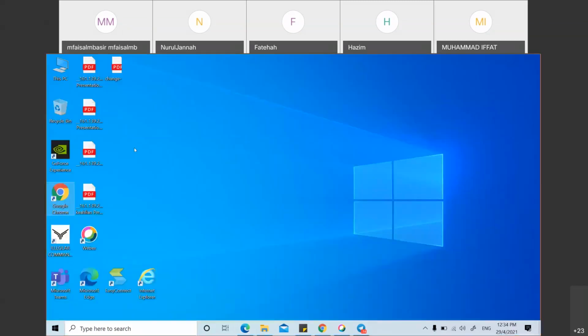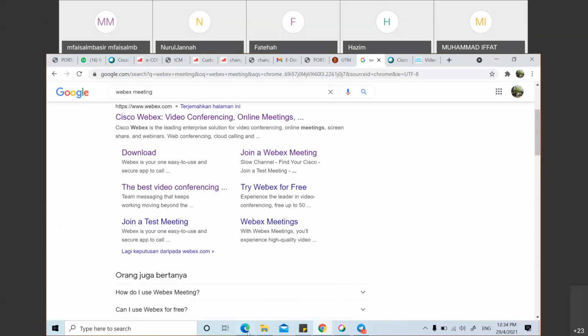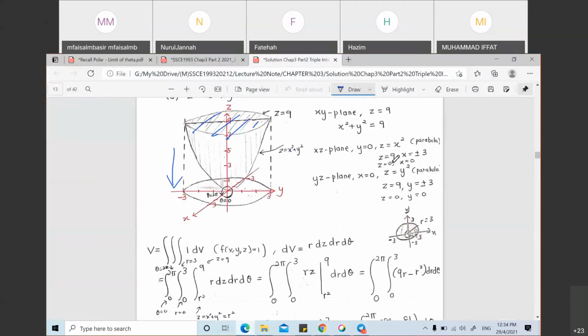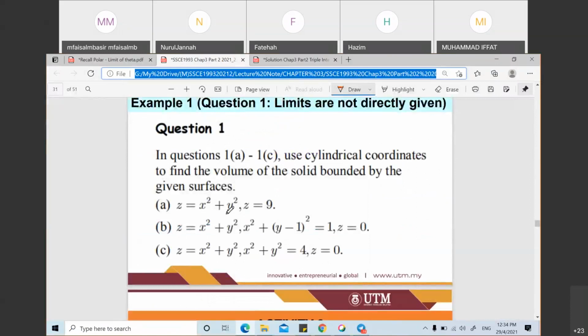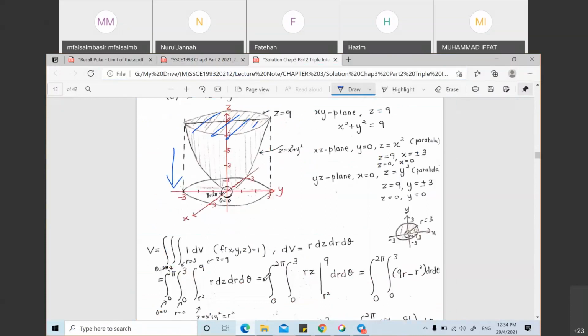The projection of this cylinder is the circle. So that's why I will choose cylindrical coordinates. So make sure when you see this equation, you already know this is a parabola. It is upward, not downward, because it is positive. And then it's easy for you to do other things.